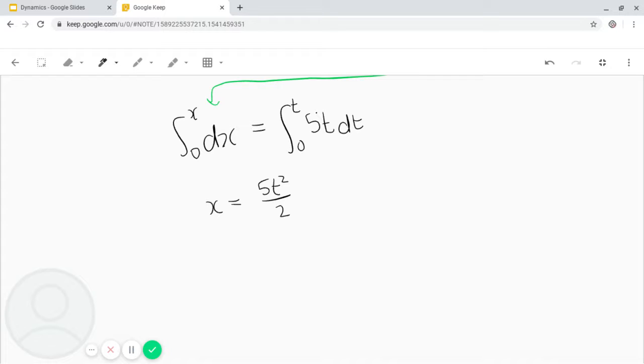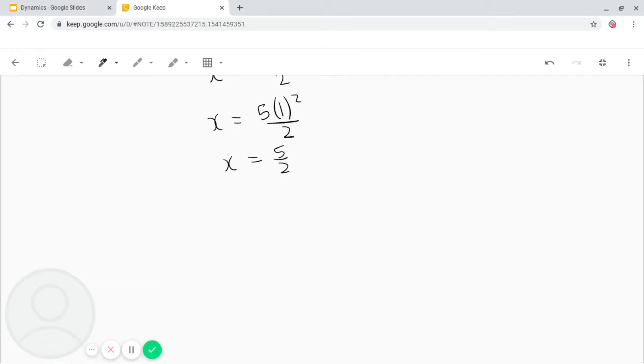If we put in t equals 1, then we have the x coordinate, 5 times 1 over 2, which is simply 5 over 2. Okay, so that's the first part done. We found our x displacement. We can then use the path equation to find the y coordinate.